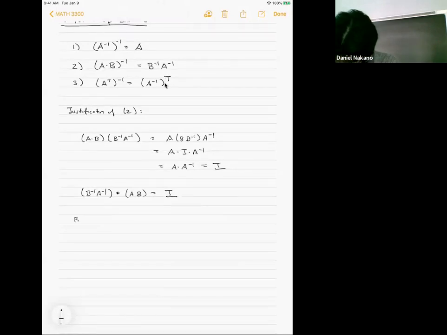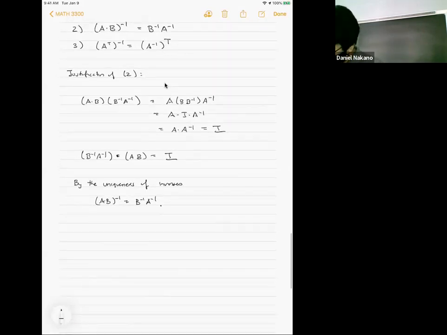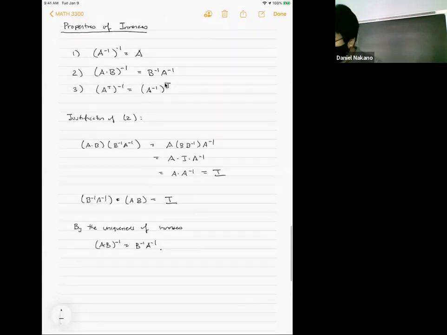So by the uniqueness of inverses, AB inverse has to be equal to B inverse A inverse. Okay, because B inverse A inverse satisfies the property of the inverse of the matrix. Okay, so that's how these things go. Okay, any questions on this so far?